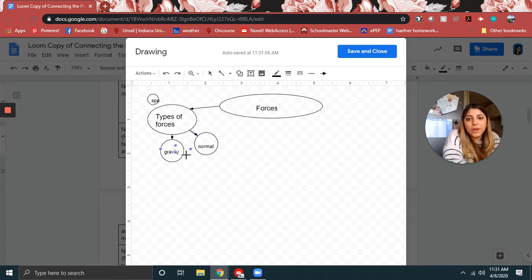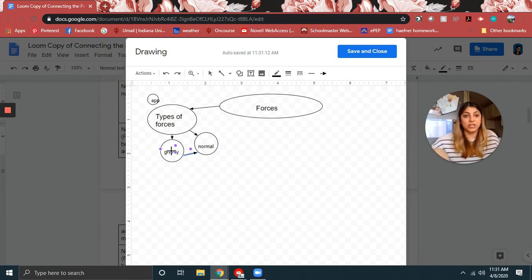But now we can even connect these two together because remember that the force of gravity of an object is the mass times the acceleration of gravity, which is 9.8. And so, for example, if I have my coffee cup and it is resting on a surface, we know that the normal force is going to be the exact same force as our cup, just in the opposite direction.